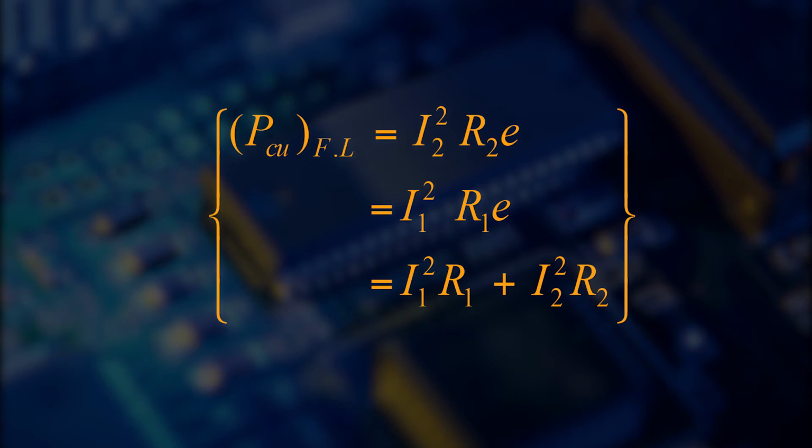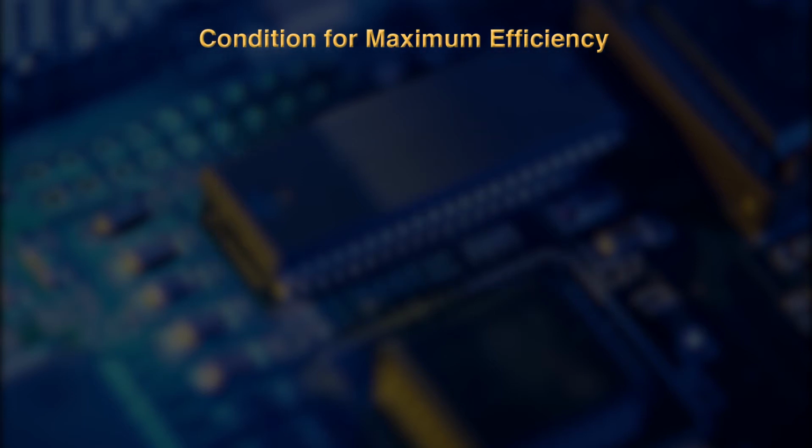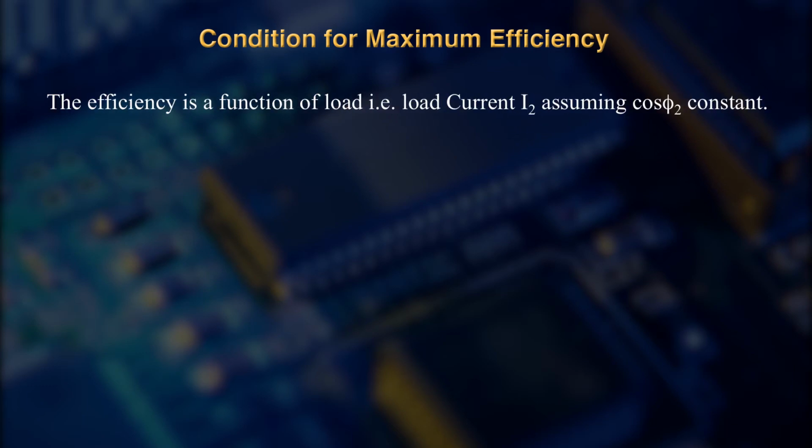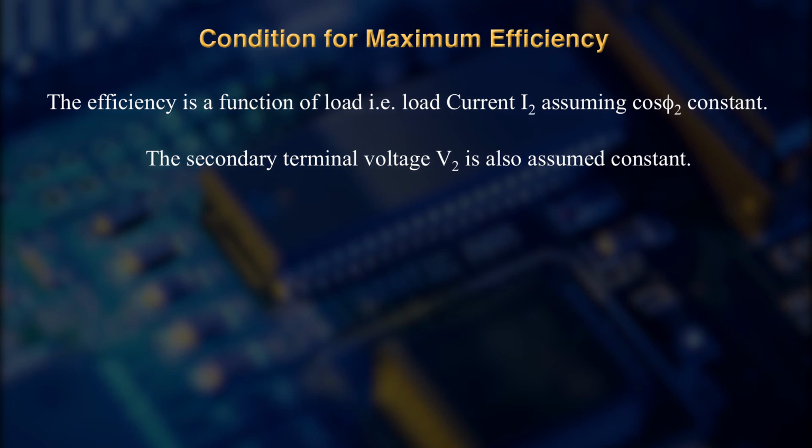So now we have to find out the condition for the maximum efficiency. The efficiency is a function of the load current, that is the current I2, assuming that cos phi 2 is constant. So the secondary terminal voltage V2 is also assumed constant.